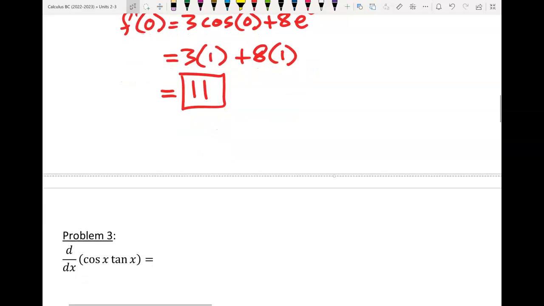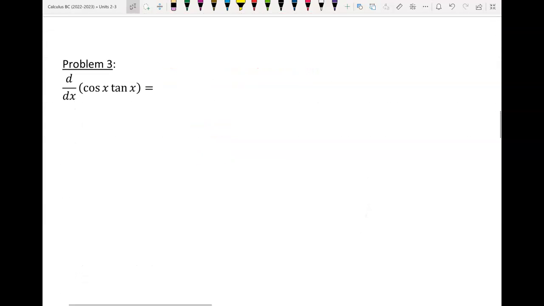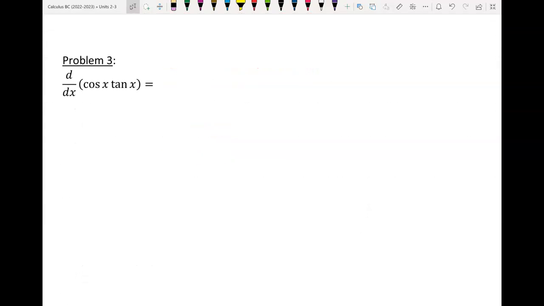Okay, let's go on to problem number 3. Now, I'm pretty sure you all got the answer of cosine, right? It is cosine, but we have to do some things before we get there.